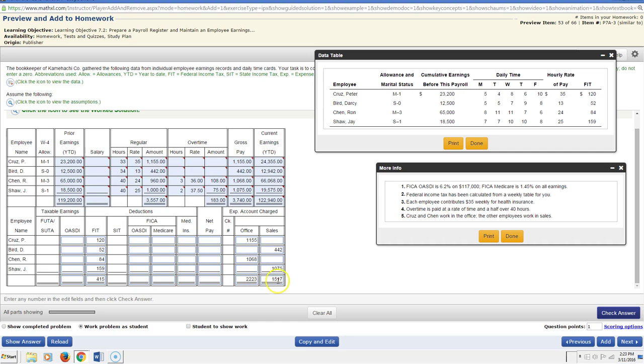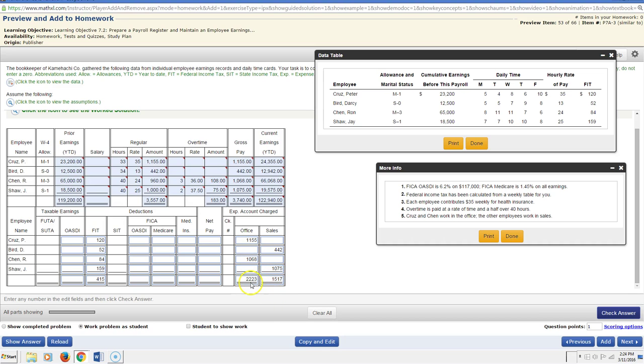The sum of the gross earnings, and that's what these figures are, 1155, 1068, right? Those are office salaries, and the sales salaries are the other 442 and the 1075, as you can see. I plugged those numbers in for you to speed up this process.